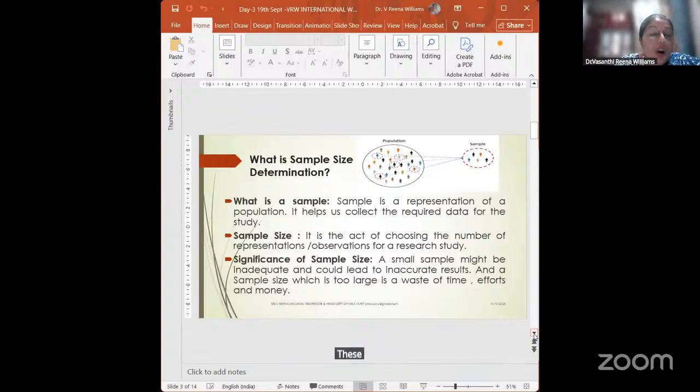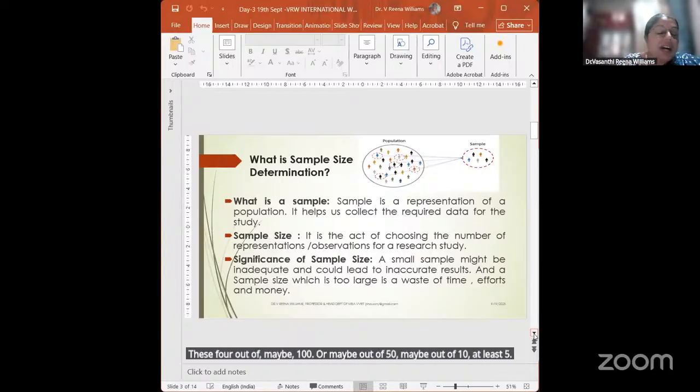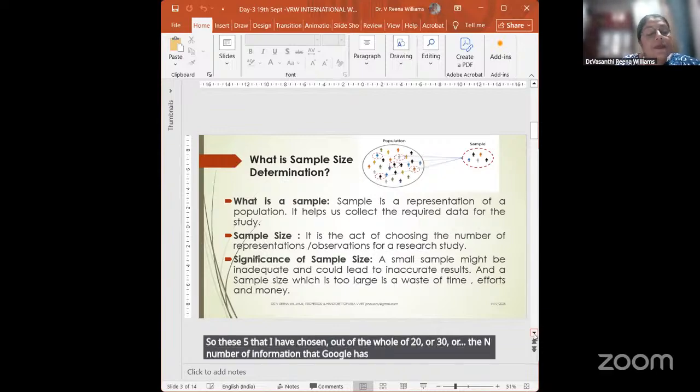These 4 are out of maybe 100, or maybe out of 50, maybe out of 10, at least 5. So these 5 that I have chosen out of the whole of 20 or 30 or the n number of information that Google has shared with me is the sample that I have chosen.